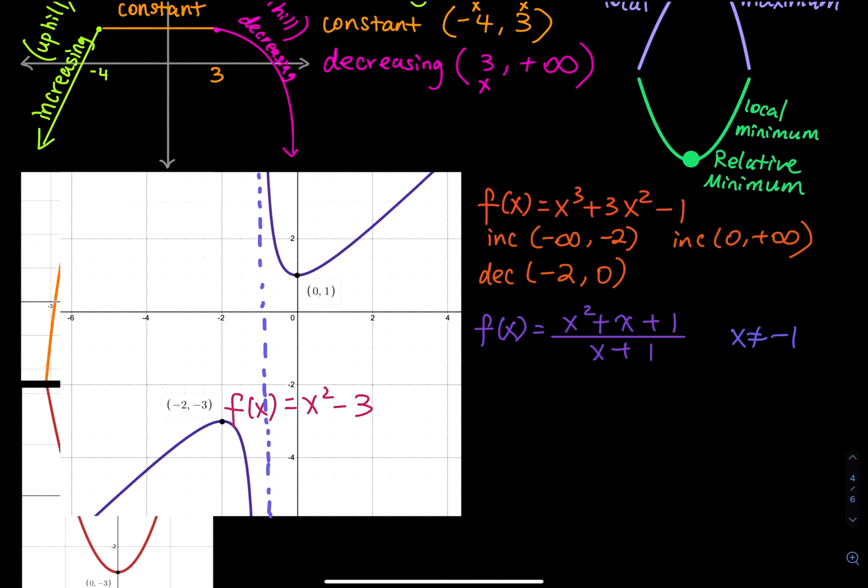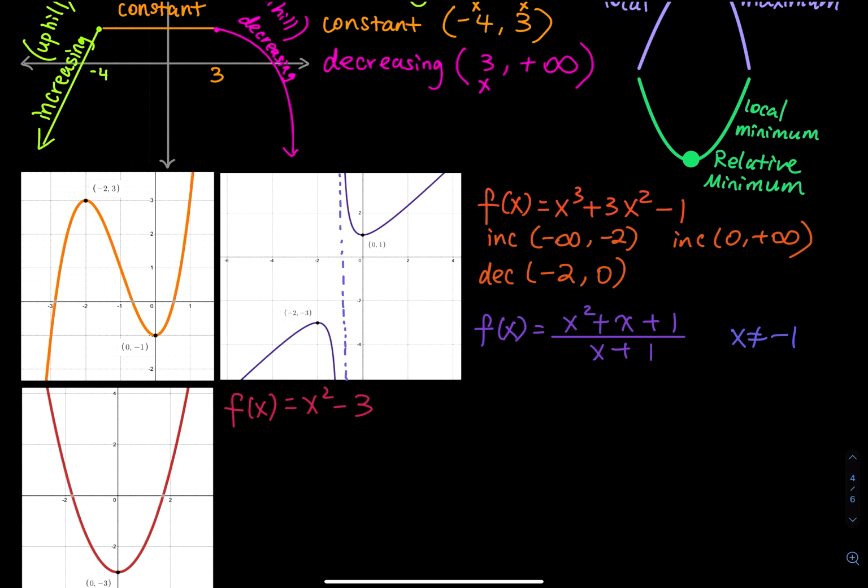Okay, let's draw this in the notes. So we have increasing first from left to right, from negative infinity going up all the way to negative 2, and then decreasing from negative 2 all the way down to negative 1, not negative infinity. So from negative 2, we go all the way to x equals negative 1.